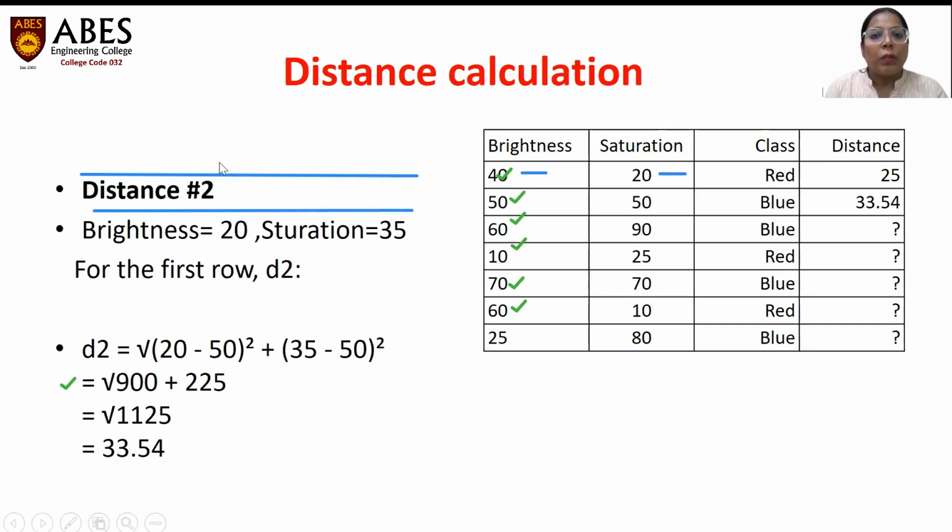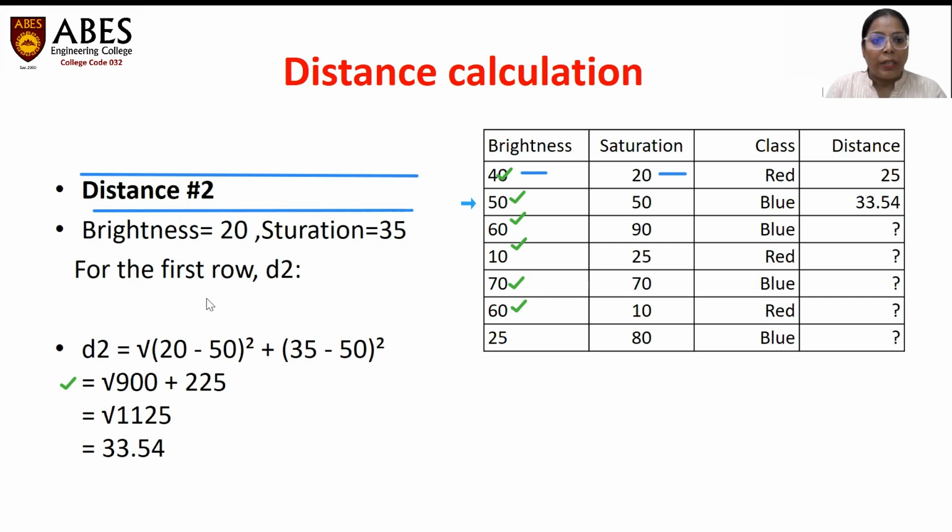Similarly, we will calculate the distance for the second row. The brightness given was 20 and saturation was 35, as I have already mentioned. The available data for the second row is 50 for brightness and 50 for saturation.